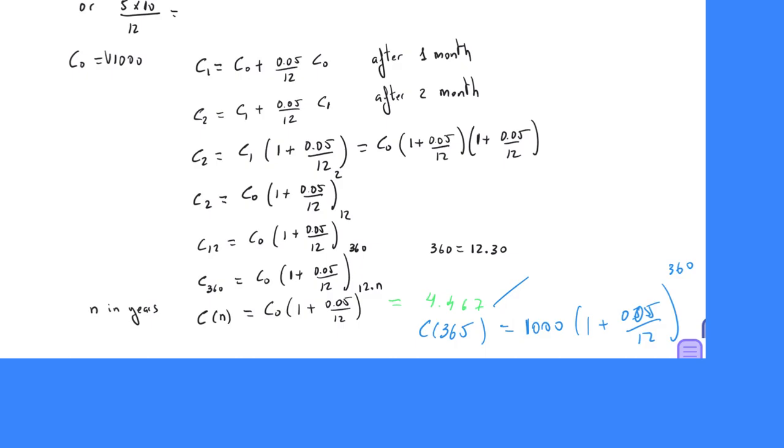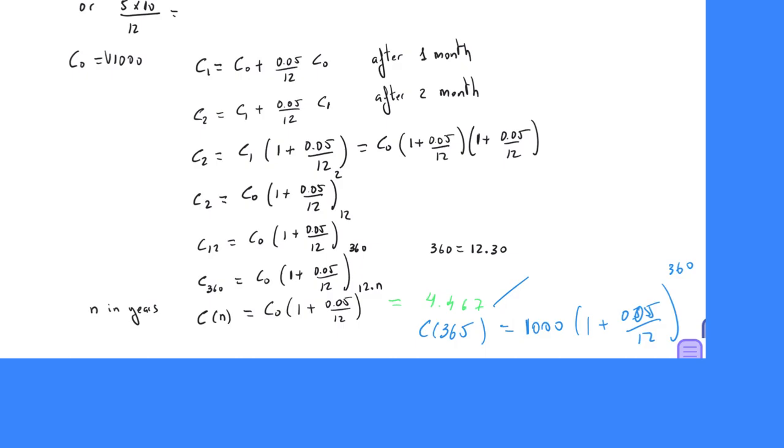So if you are patient, after 30 years, you can have $4,467. And now you may wonder, is it worth it to wait 30 years, not touching $1,000, to have $4,467 after 30 years? Well, the answer depends on inflation during the 30 years and so on.